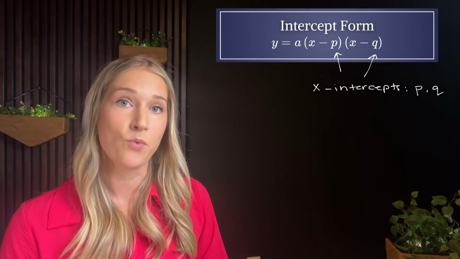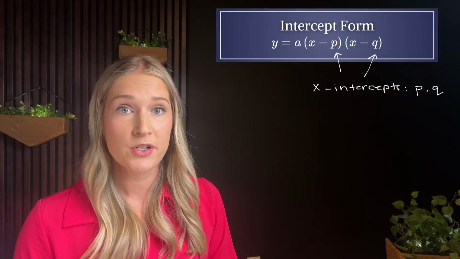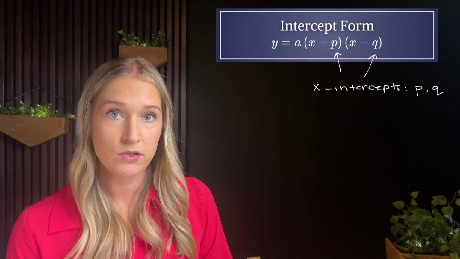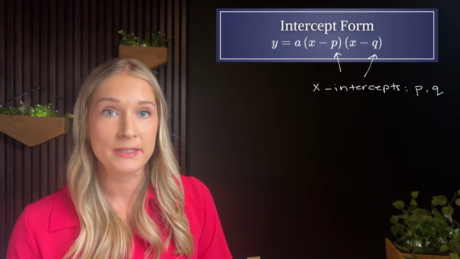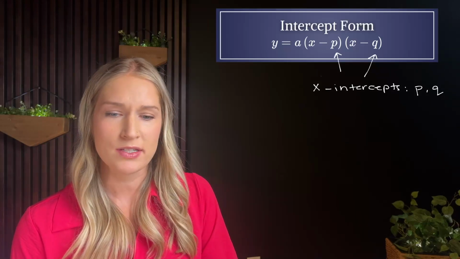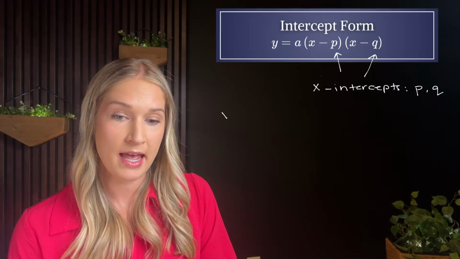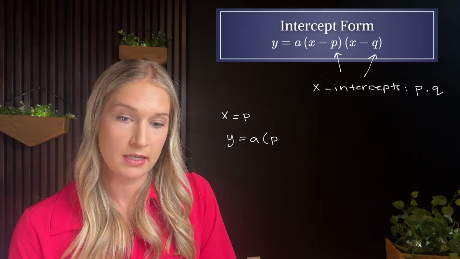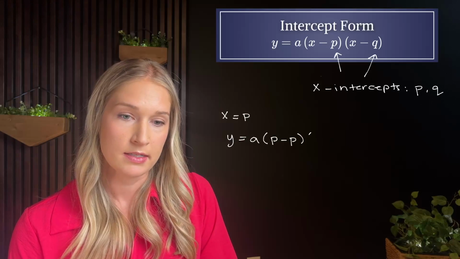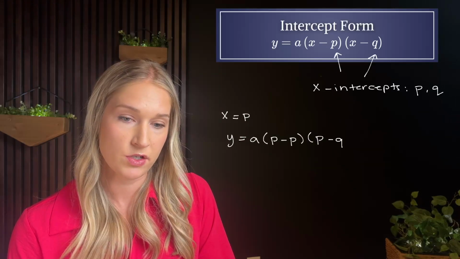And the reason why is because if I were to put in that p-value for x or my q-value for x, I would end up getting 0 for y. So let's go ahead and take a look at that. Let's say my x is p. Then my y value equals a times p minus p times p minus q.